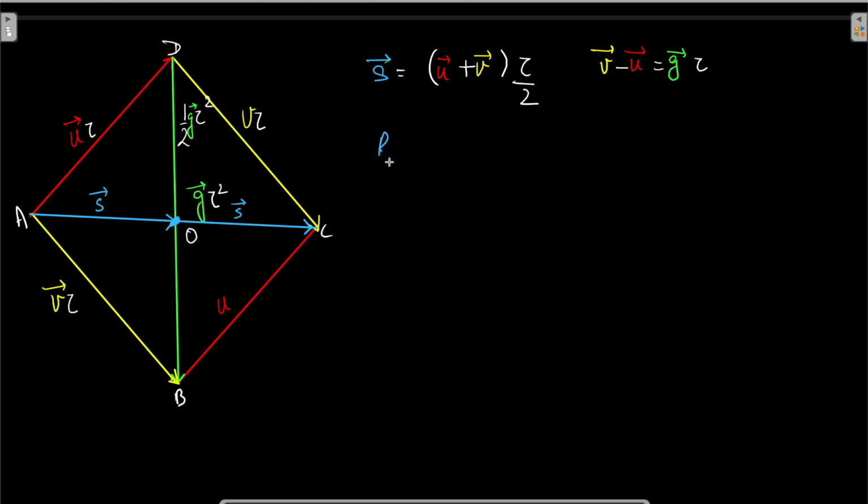So this will be r. And since we are now dealing with normal lengths, we won't use color coding. U vector plus v vector mod by 2. The tau will be replaced by v vector minus u vector by g.